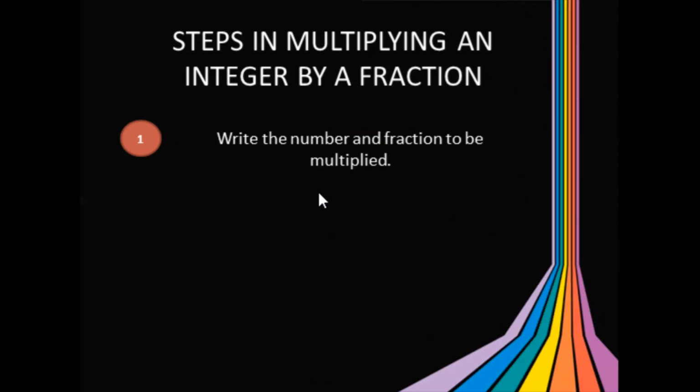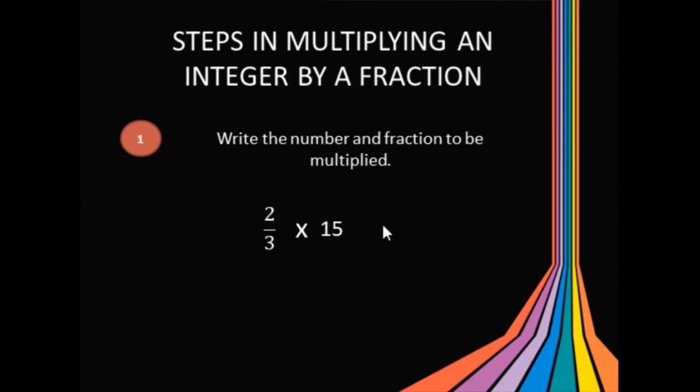So example, you will multiply 2/3 times 15. 2/3 times 15 equals question mark. This is the given number or integer and the fraction. This is what you're going to solve.